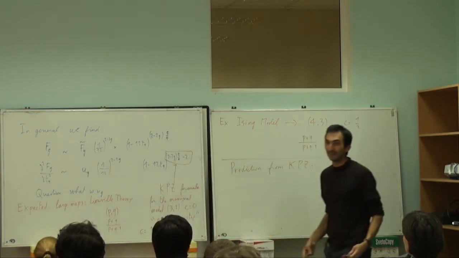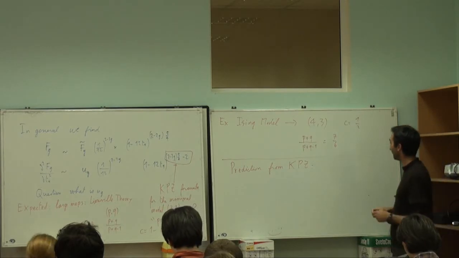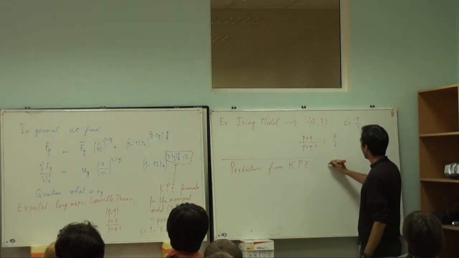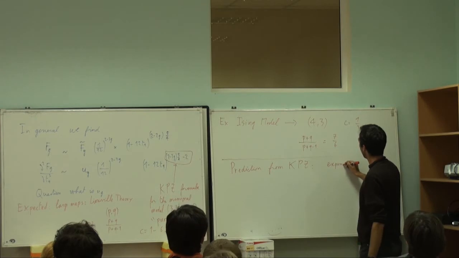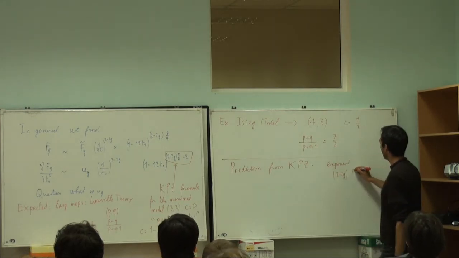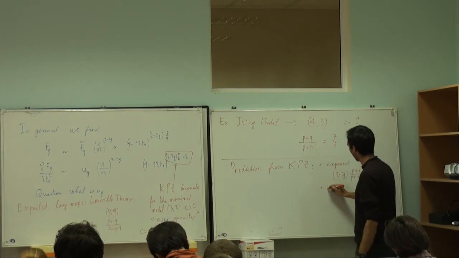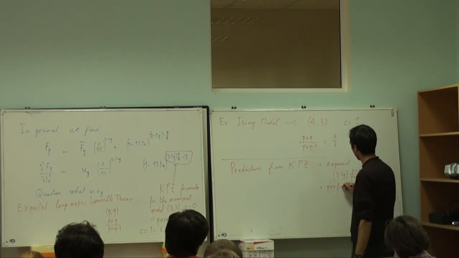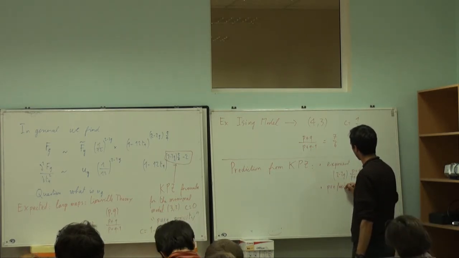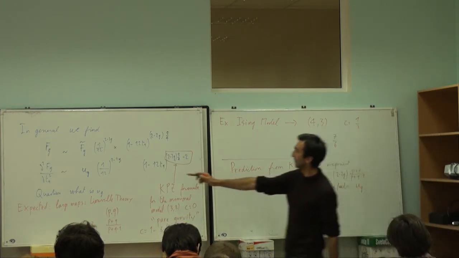So what we want to check is whether the prefactor matches with KPZ. So the exponent will be 2 minus 2g times P plus Q over P plus Q minus 1. And the prefactor is ug, the same ug as here.